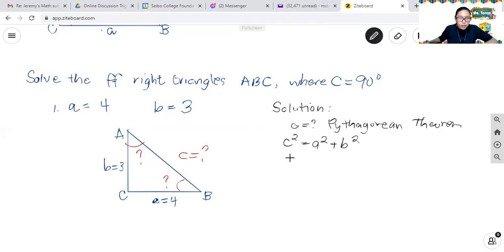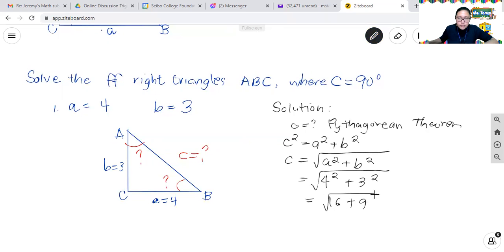Hence, if we want to solve for c, c is the square root of a squared plus b squared. Substituting, we will have the square root of 4 squared plus 3 squared, which is the square root of 16 plus 9, which is the square root of 25. Therefore, c is equal to 5.